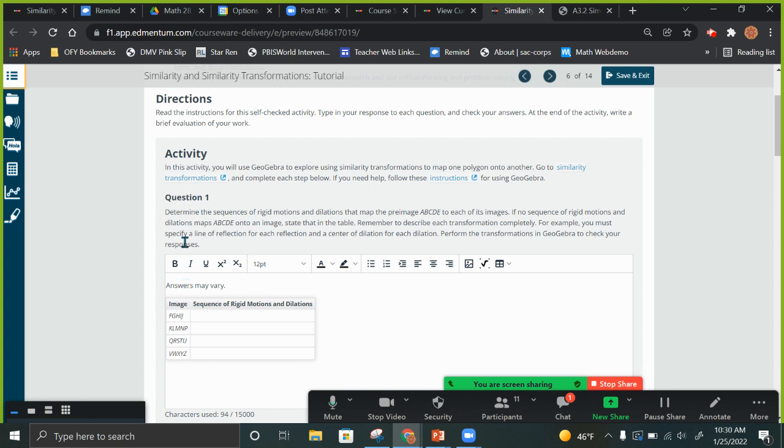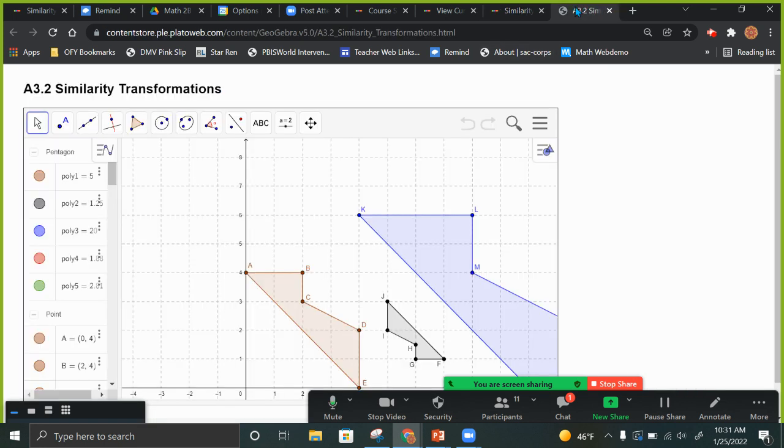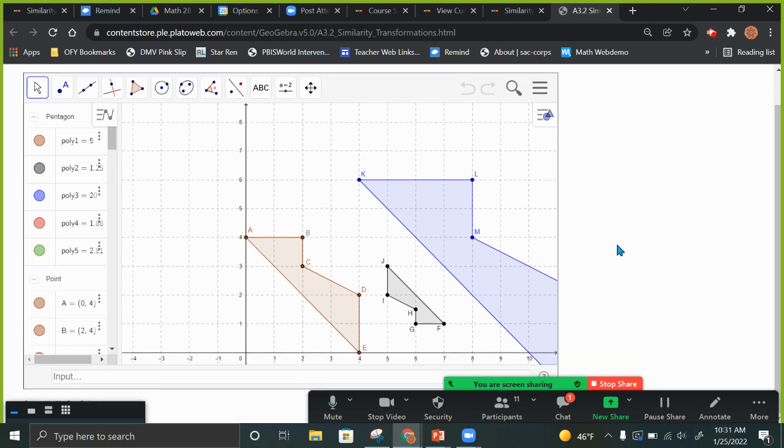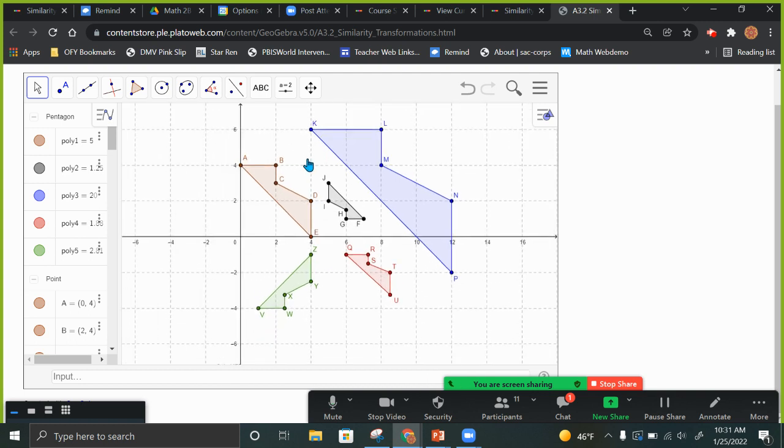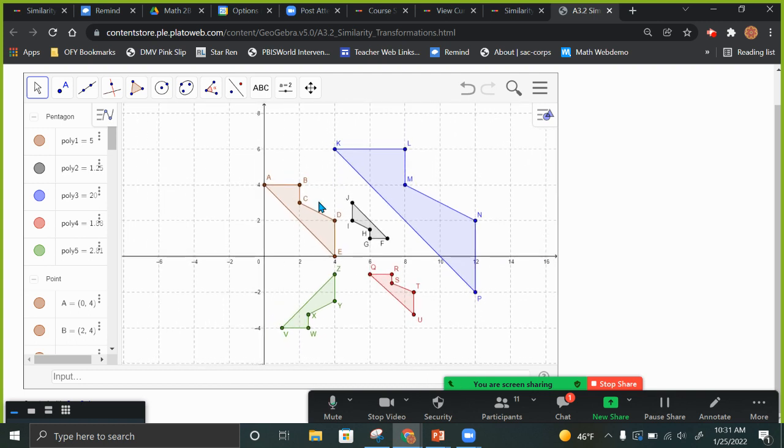So they want us to open this Similarity Transformations activity up in GeoGebra. So if you click on this blue link, the first one there, question 1, it brings us to this. So it looks like yesterday's. Same program, GeoGebra. And I know it looks kind of messy, but what we're looking at is our original figure ABCD. That's this one.